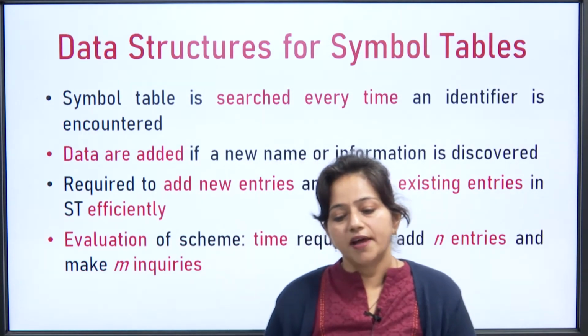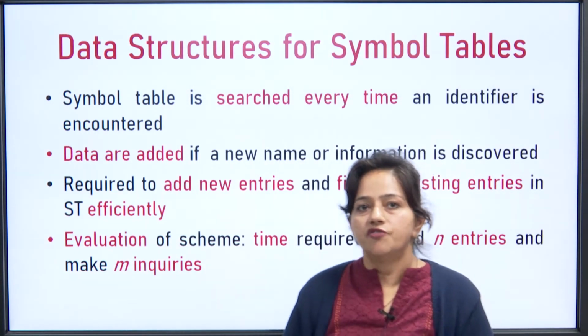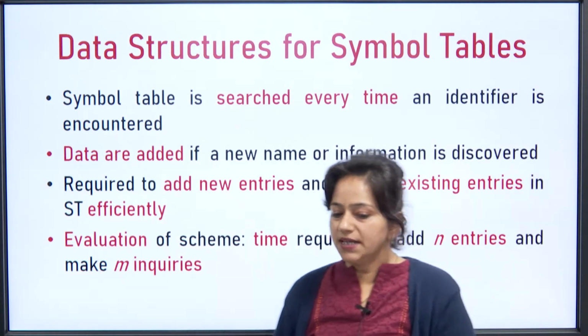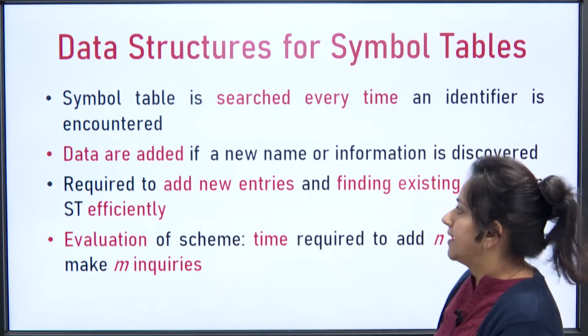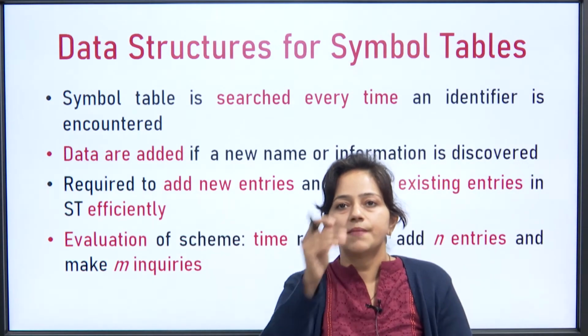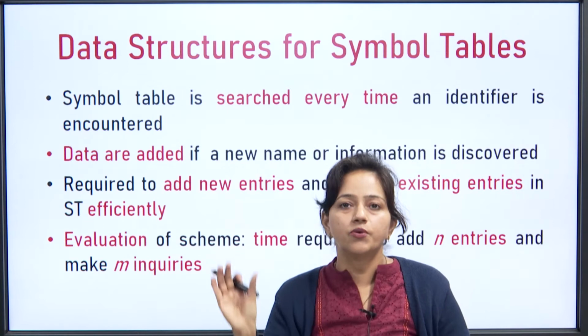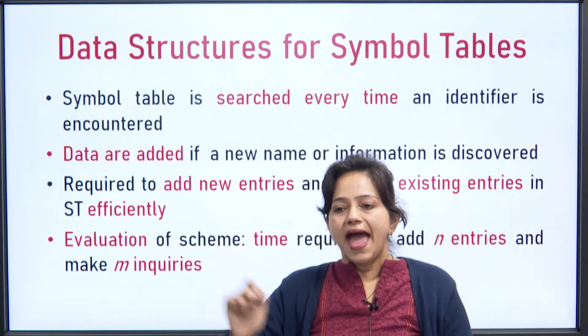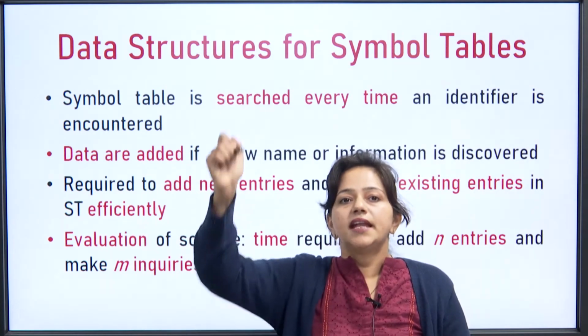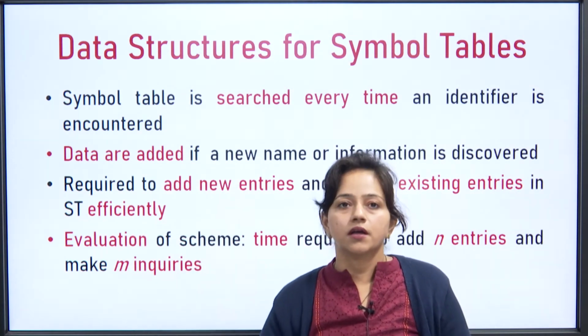Now next is, what are the various data structures for symbol tables. The symbol table is searched every time an identifier is encountered. Whenever some identifier or name is encountered in the program, first of all we search the symbol table and check whether the name is already in the list or not, right.